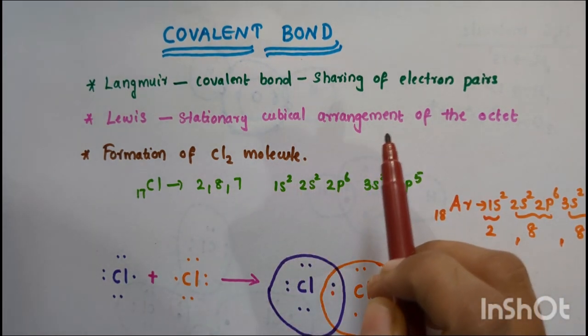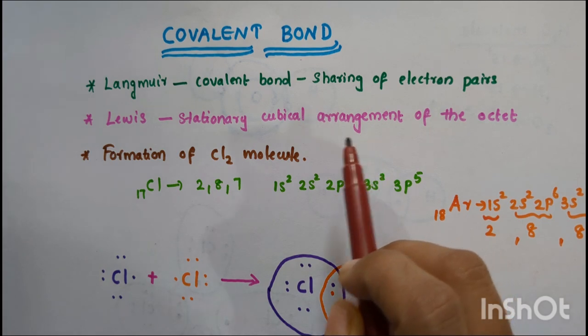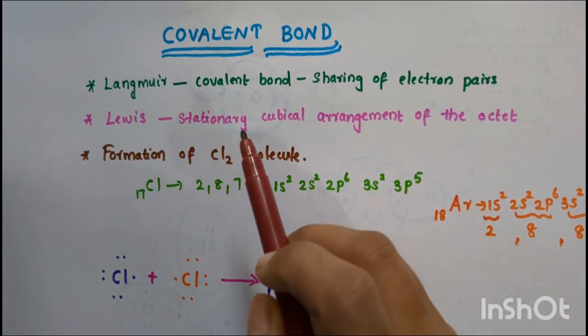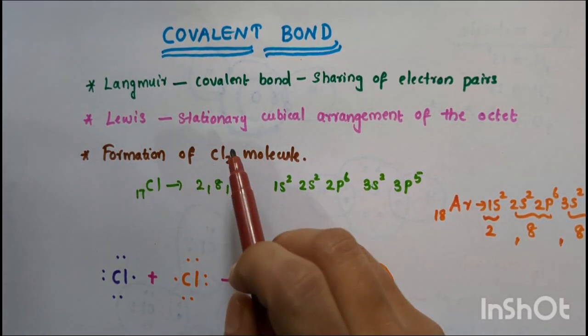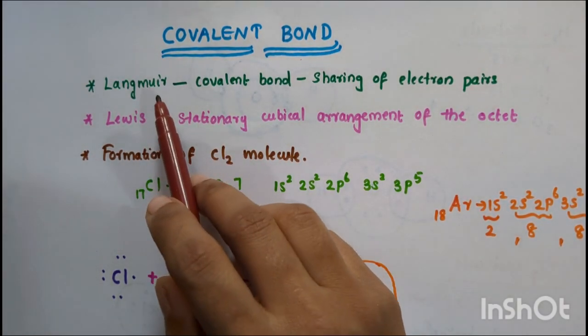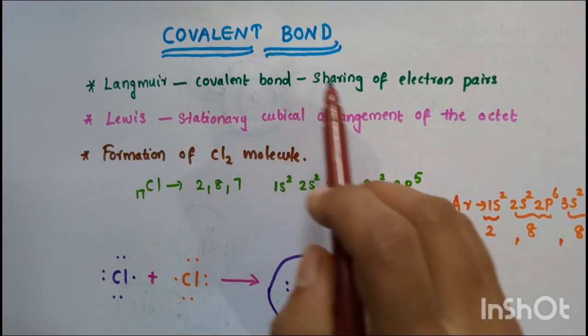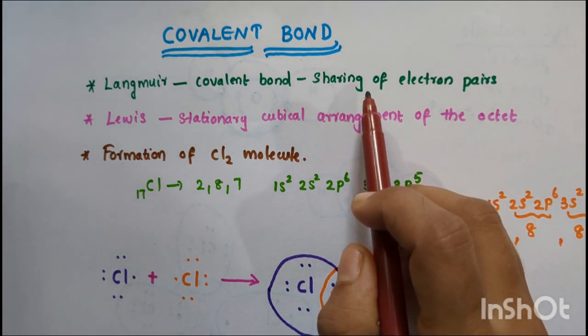Langmuir recognized that electrons are not fixed in a cubical shape but rather move freely around the nucleus. He introduced the covalent bond concept to describe the sharing of electron pairs between the atoms.